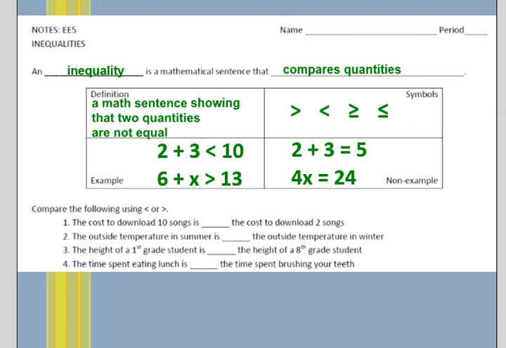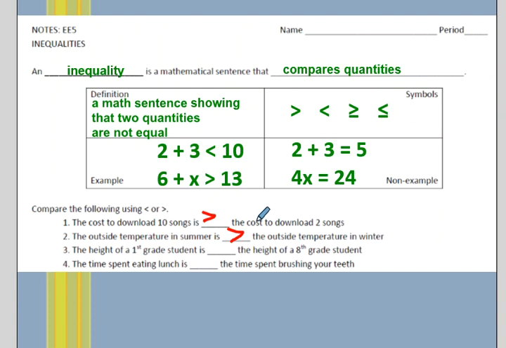All right, some examples in context here. Let's just look at some of these real quick. Let me use my pen feature here. Switch to red. Cost to download 10 songs is greater than the cost to download 2 songs. That is probably the case. The outside temperature in summer is greater than the outside temperature in winter.